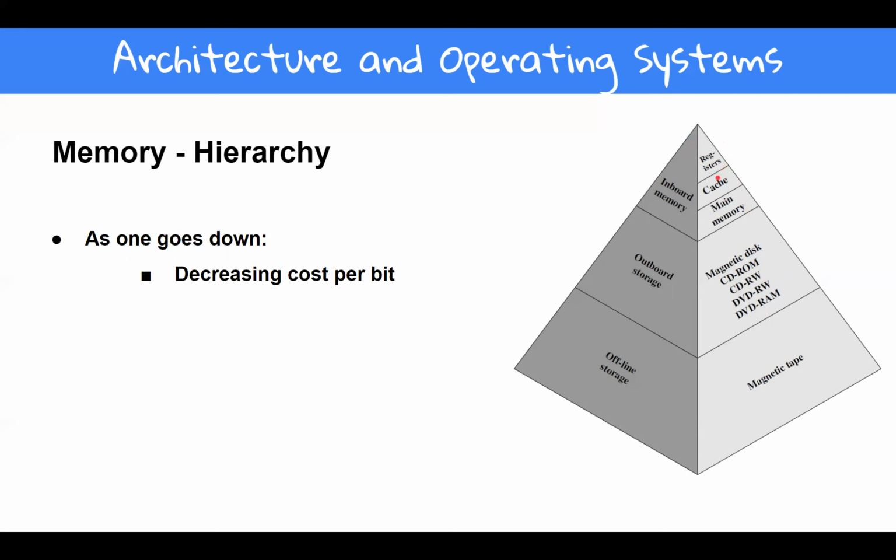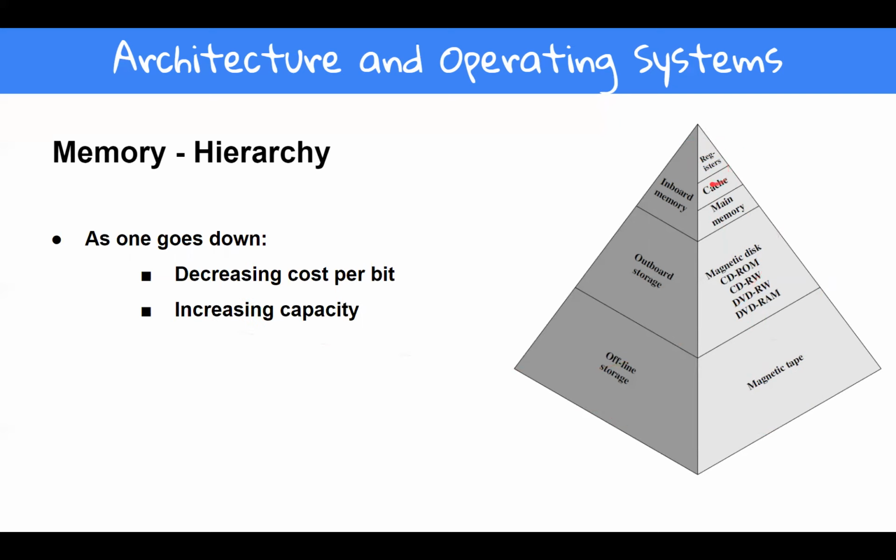Because of that, registers, in terms of the amount of memory that we have, are way less than, for example, main memory or cache, because they're very expensive. So when you go down, it's getting cheaper. For example, an external hard drive, the offline storage, is way cheaper per single unit of memory than registers. So when you go down, the price goes down.